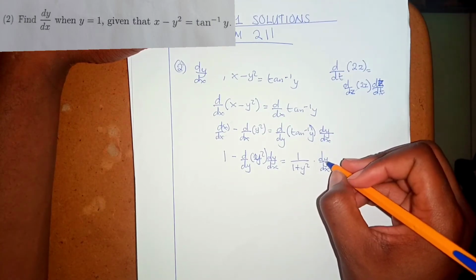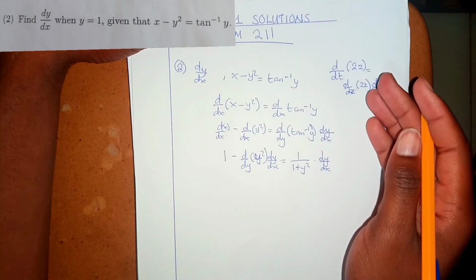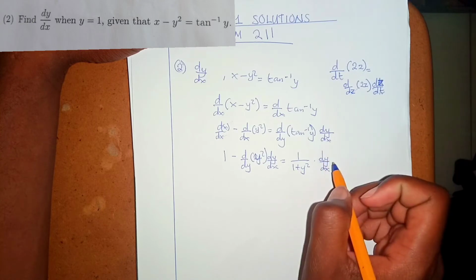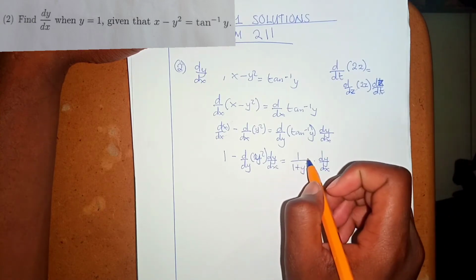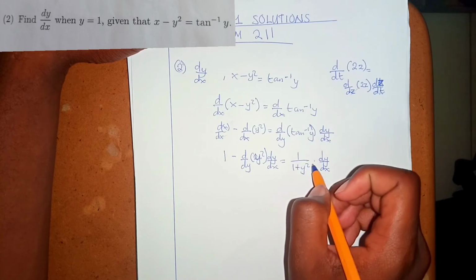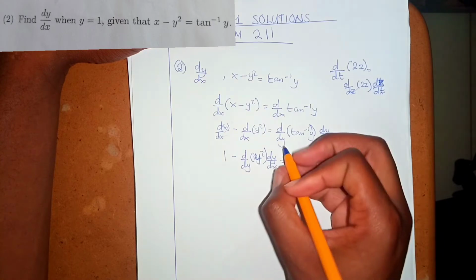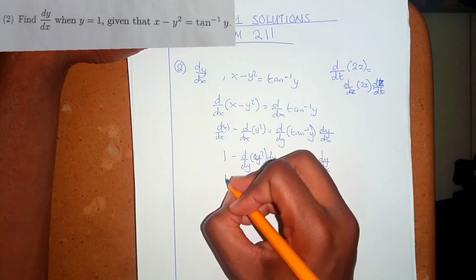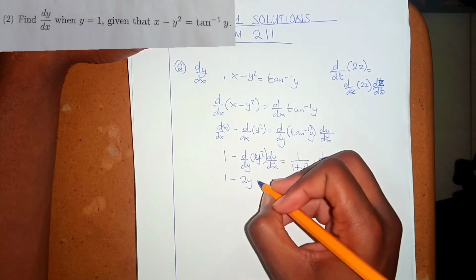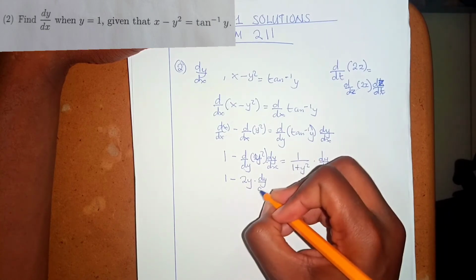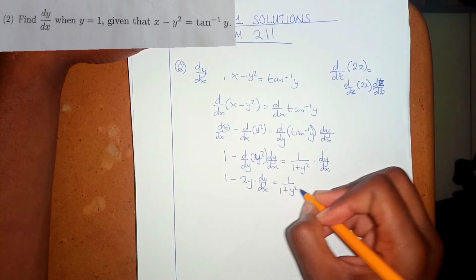You put the dy over dx at the end of the expression so that you don't confuse yourself, because if you put them before the expression, you're going to think you're trying to differentiate it, as if this one is operating on this one. So I'm going to have 1 minus 2y dot dy by dx is equal to 1 over 1 plus y squared dot dy by dx.